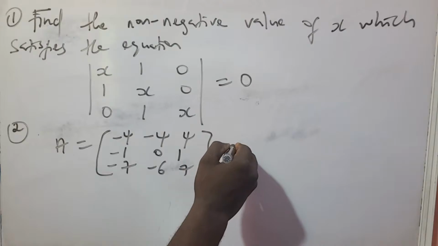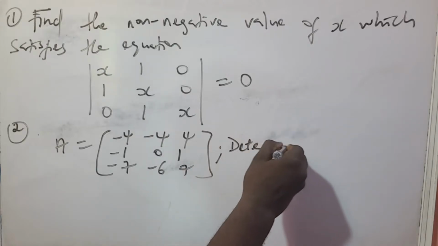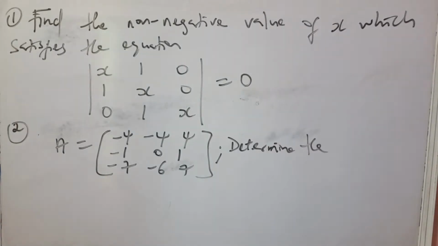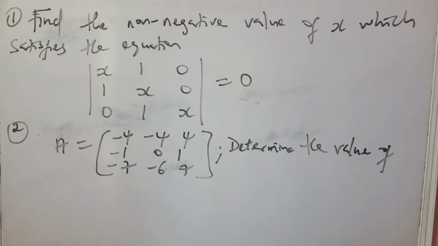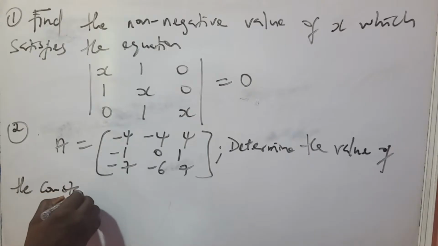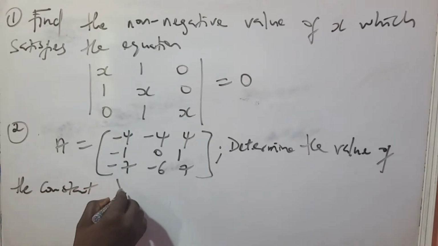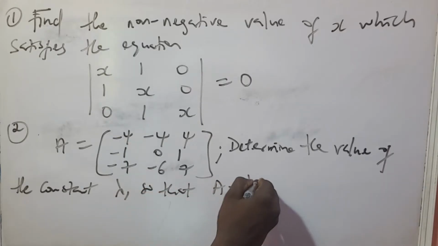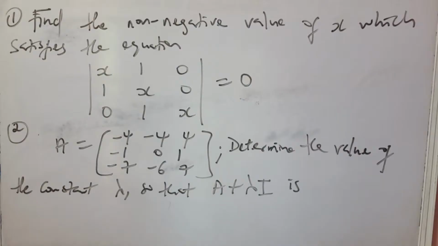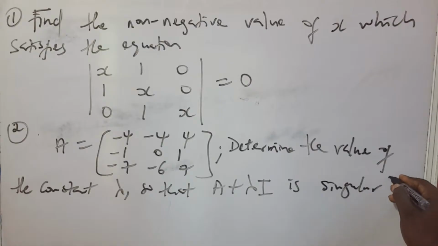So you have to determine the value of the constant lambda so that A plus lambda I, I being the identity matrix, is singular. So this is question number 2.